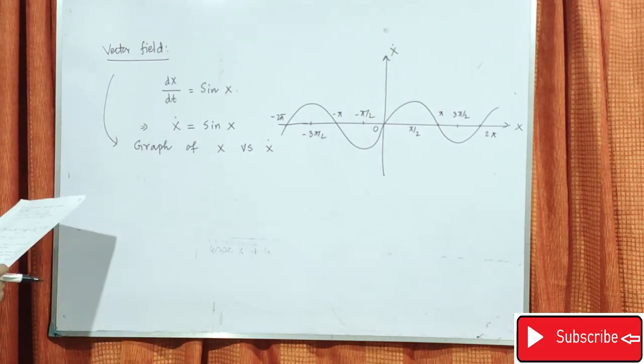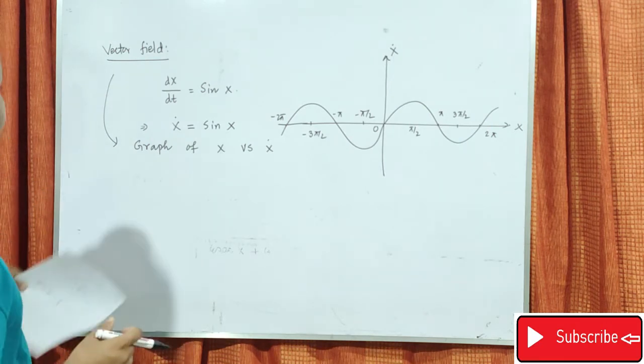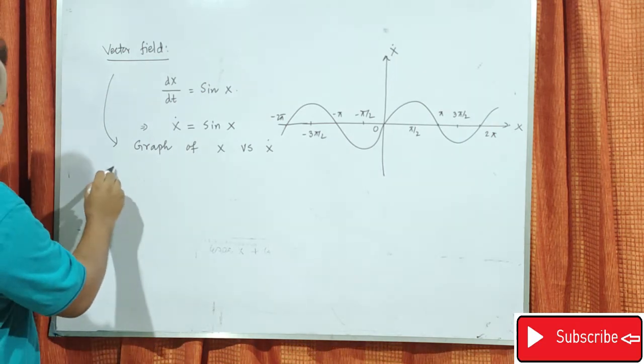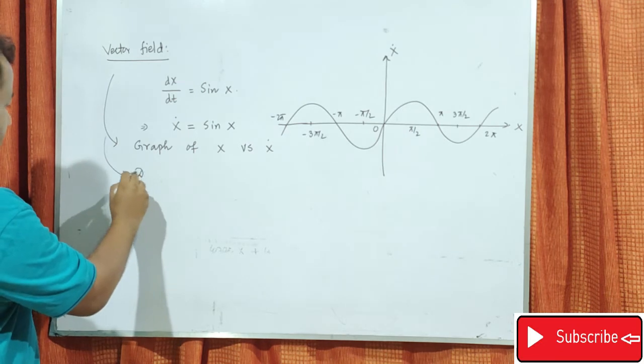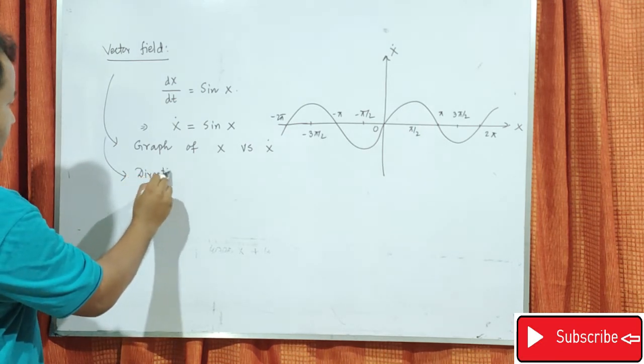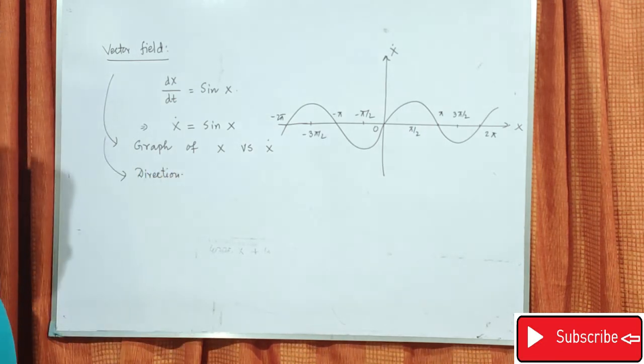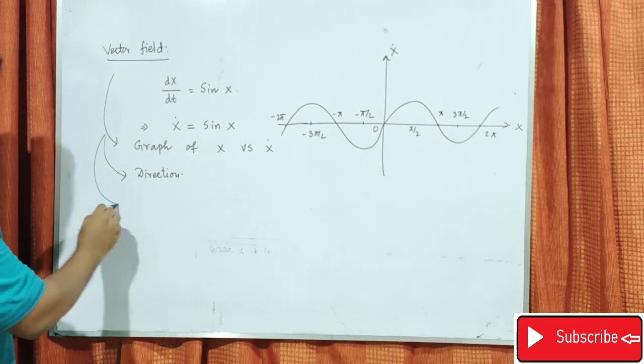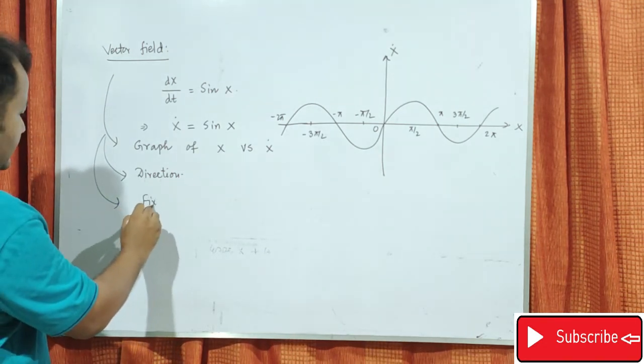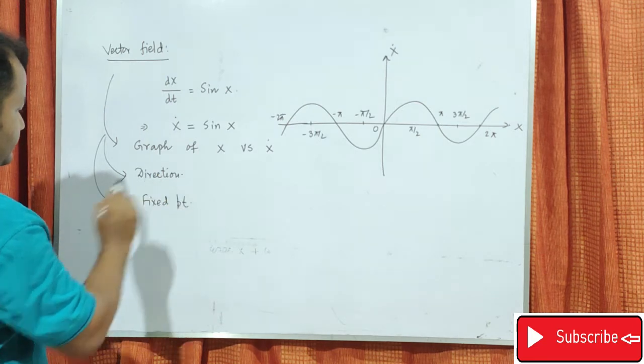Fine. Now something you need to observe. The second point in the vector field is that you have to put some arrow, or some direction. And the third point is that you have to find the fixed point.